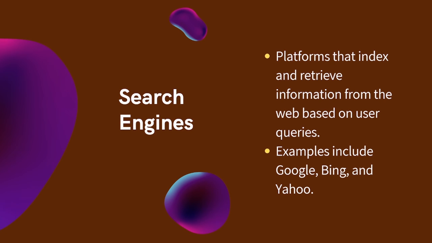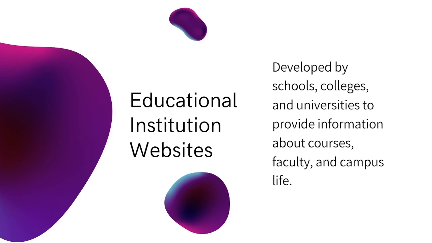So a user asks a question, the search engine goes through the internet, generates the results related to the question, and then displays them. Examples of search engines: you know Google, you know Bing, you know Yahoo. So those kinds of websites are search engines.